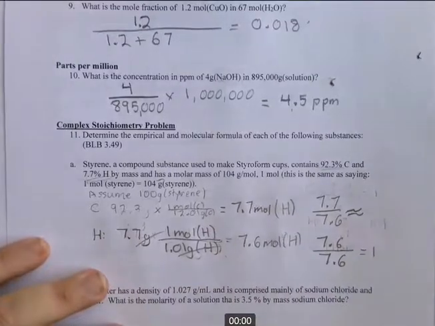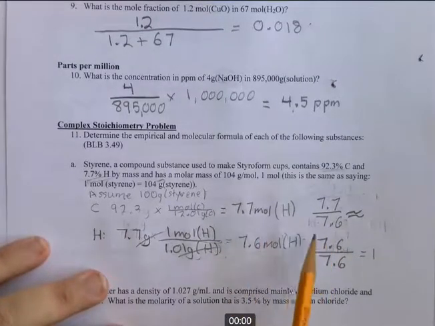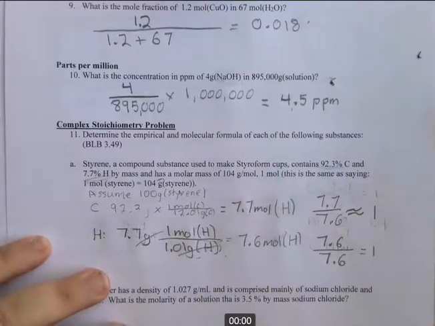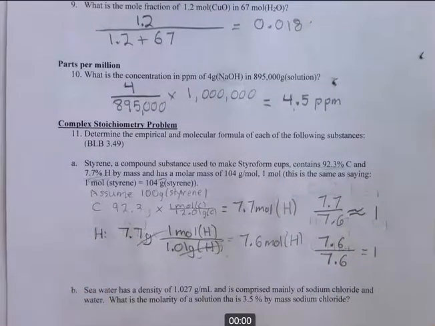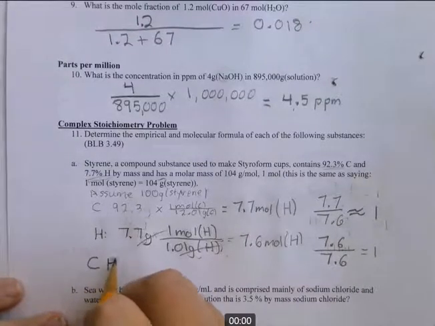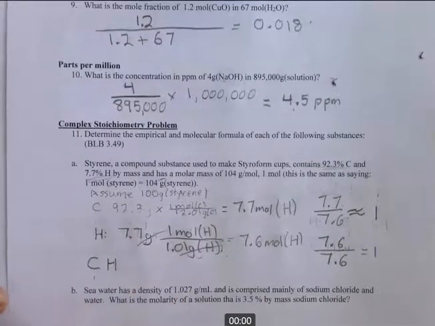We're going to say close enough. We didn't get exactly 1 here, but that's close enough. How do you judge? 10%, 5% maybe. If you're off by 5%, this is within 5%, so that's good. So what that means is our empirical formula is this: we have 1 carbon for every hydrogen. So CH is the empirical formula.